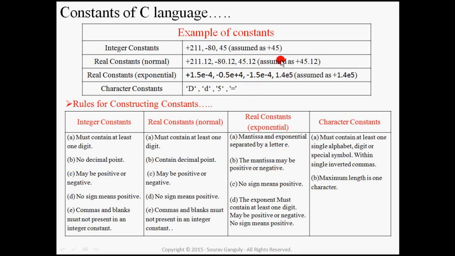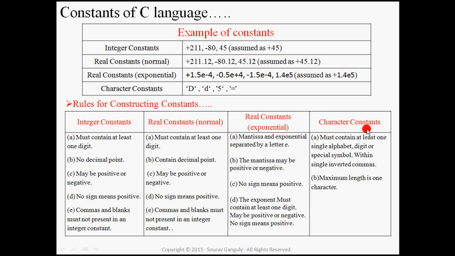No sign means positive. Here, no sign means it is plus 1.4E5. The exponent must contain at least one digit, that is 5 or 4 or anything, or minus 4, anything. No sign means positive. That means if no sign is present before 5, we will assume that it is plus 5.